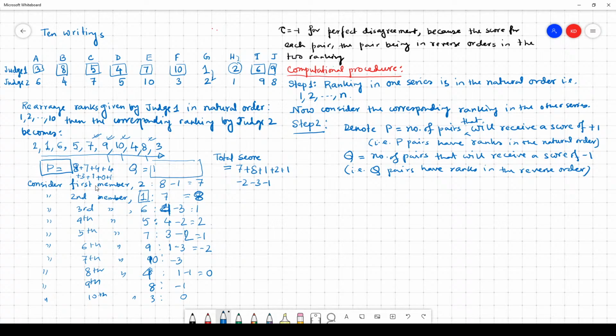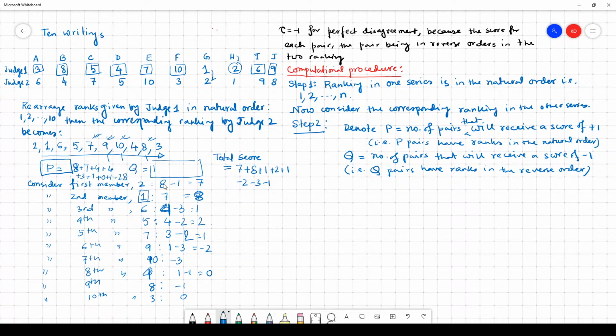So P is 8 plus 7 is 15, 15 plus 8 is 23, plus 4 is 26, plus 1 plus 1, this is 28.